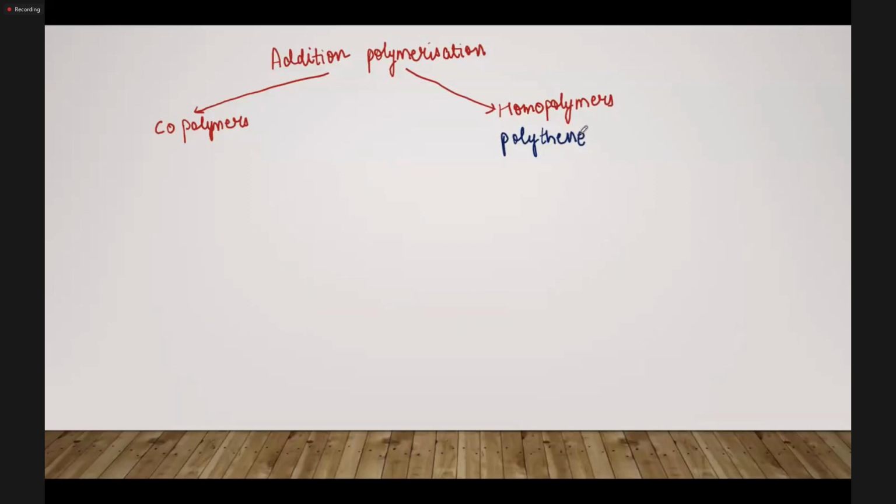And in case of copolymer, if the example is Buna S, which is a kind of synthetic rubber. ठीक है, तो I'll write down the reaction. So it basically uses 1,3-butadiene.